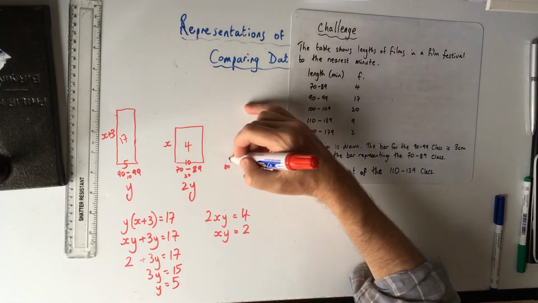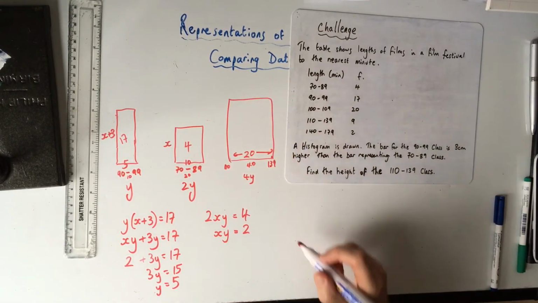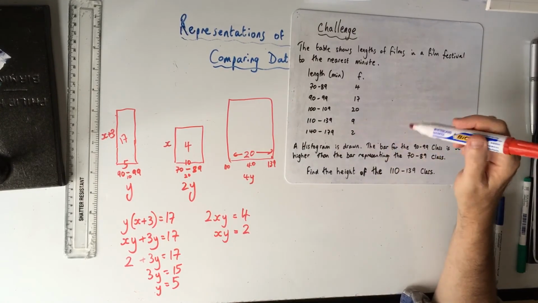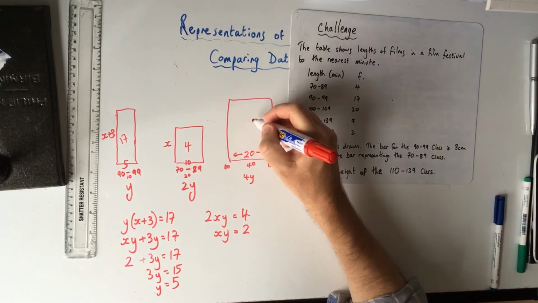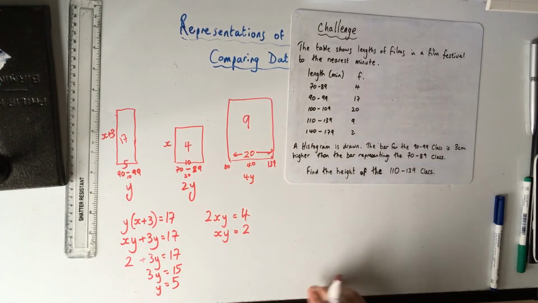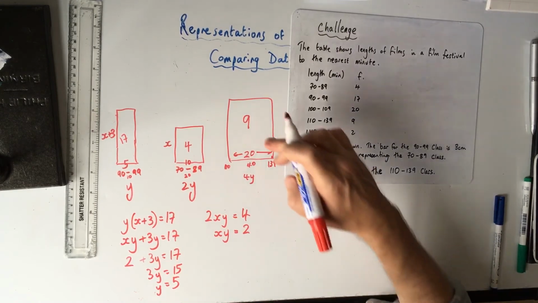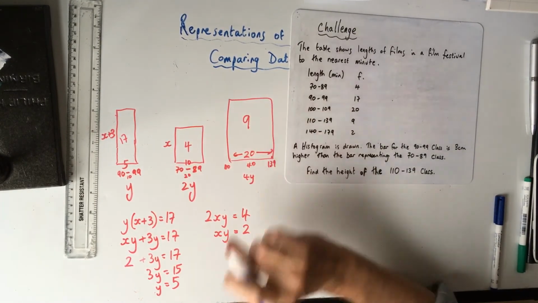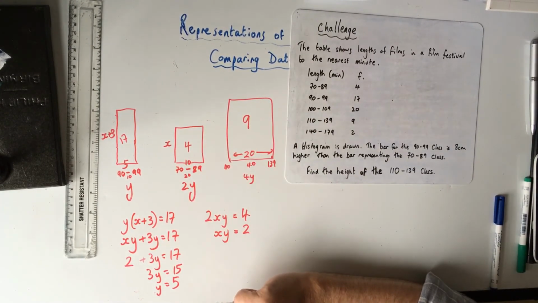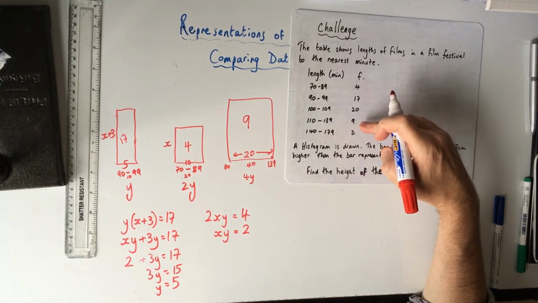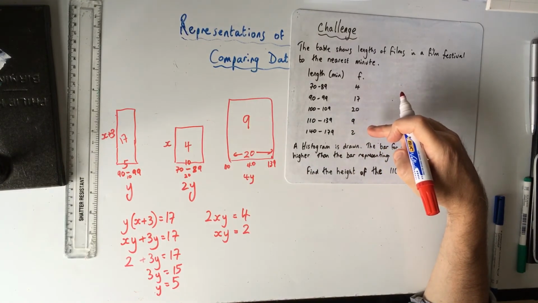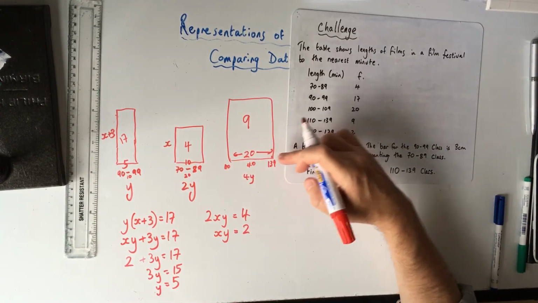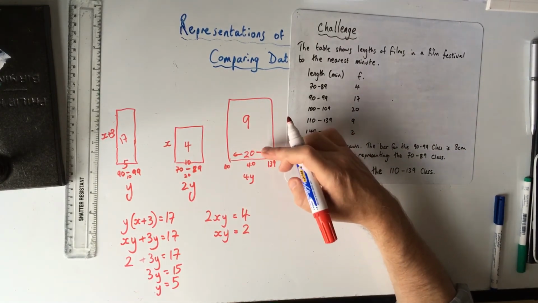And we know that its area is 9. Okay, so 110 to 139 has an area of 9, because its frequency is 9, and its class width is 20.